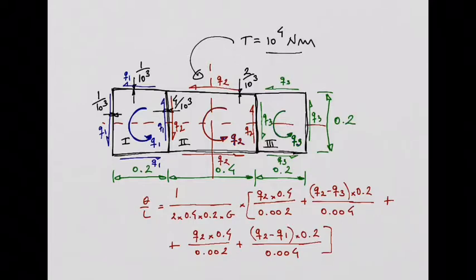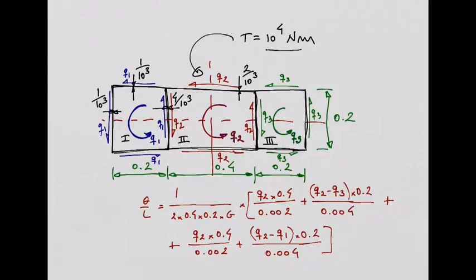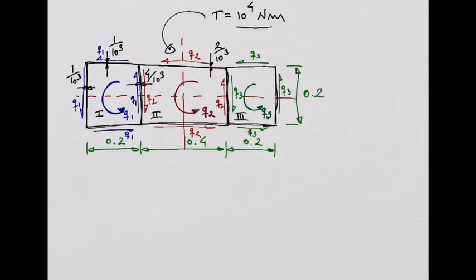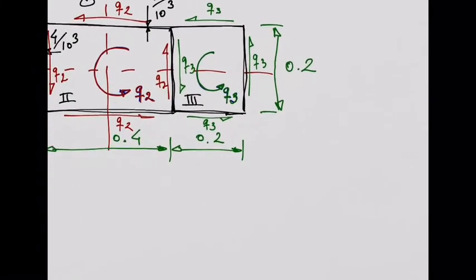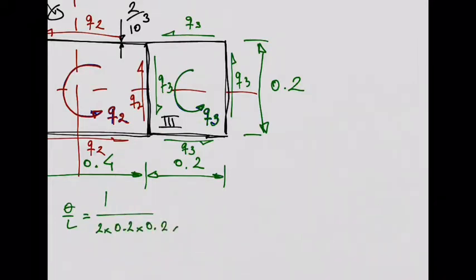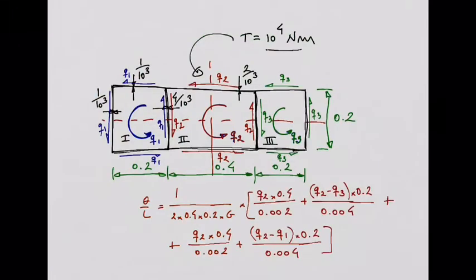Okay, so let's do quickly the analysis for cell number 3. Copy, paste. Now focus on this cell number 3. We will get theta over L equal to 1 over 2 times the area, 0.2 times 0.2, times the modulus of rigidity.